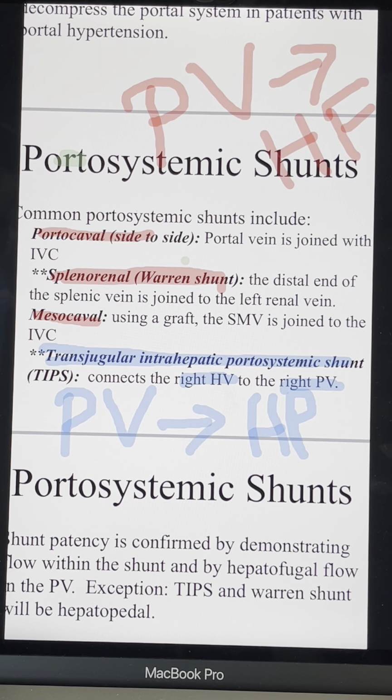So for just TIPS it is hepatopetal, correct. But TIPS is hepatopetal.